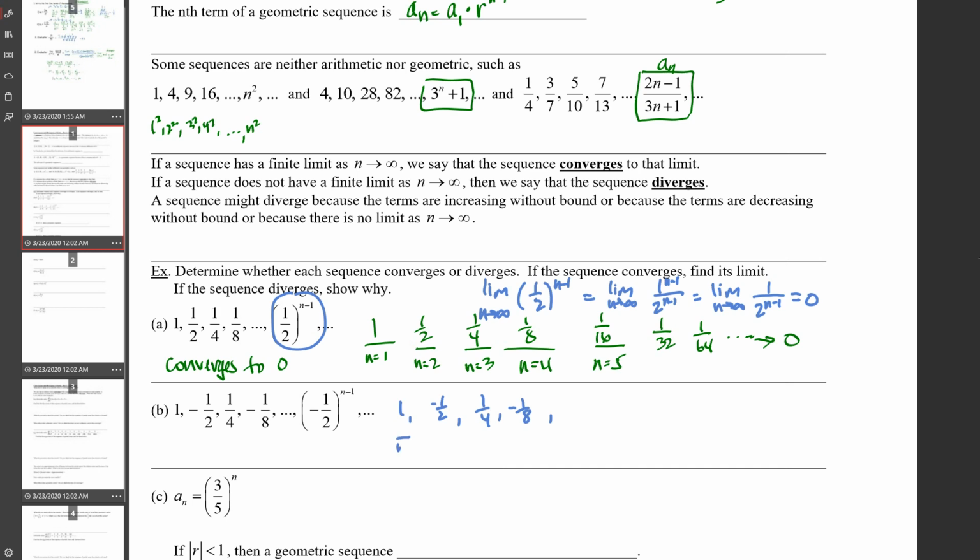So this is n equals 1, this is n equals 2, this is n equals 3, this is n equals 4. If I had n equals 5, this would be 1 over 16. If I had n equals 6, this would be negative 1 over 32. What is this number approaching, if anything?